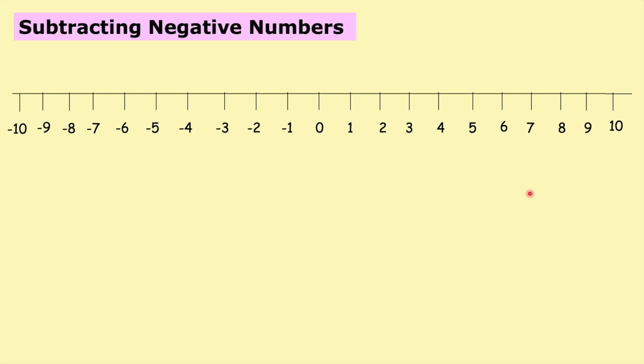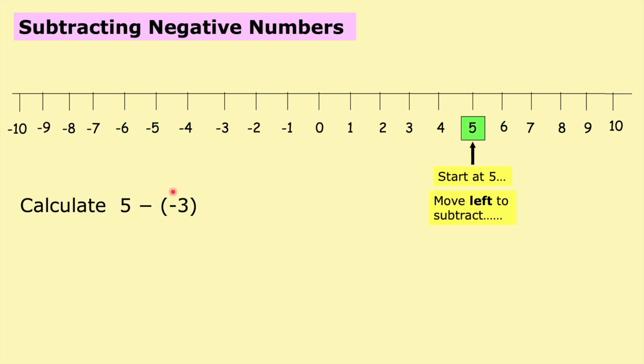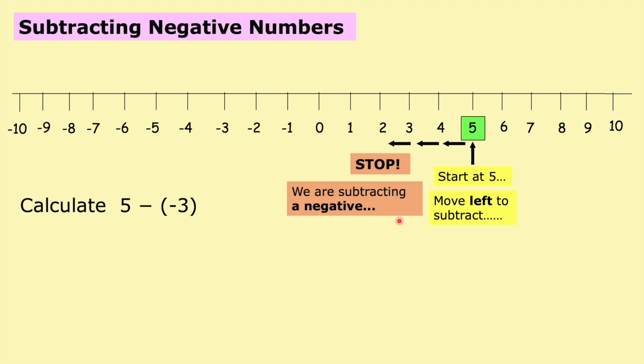However, when we get to subtracting negative numbers, so these are the types of questions we'll be doing today, 5 subtract negative 3. If we were to start at 5, we said previously we obviously have to move left when we're subtracting. However, I need you to stop right there because we are in fact subtracting a negative number.